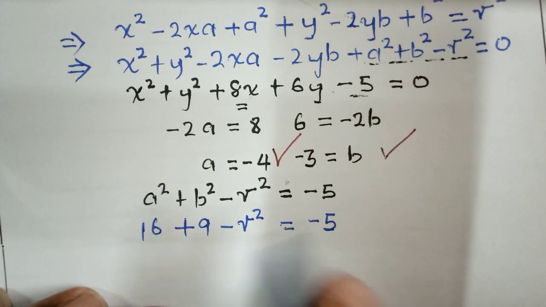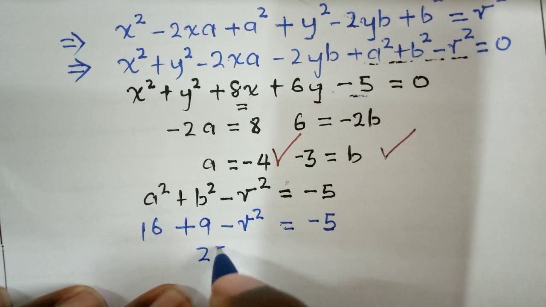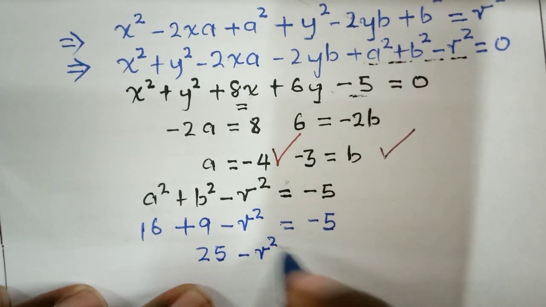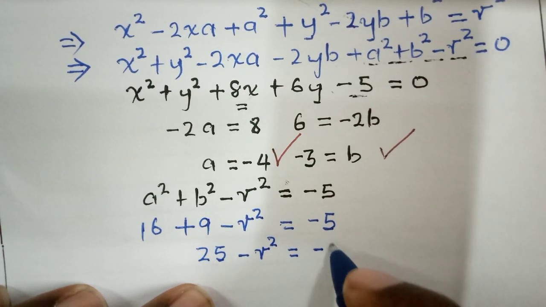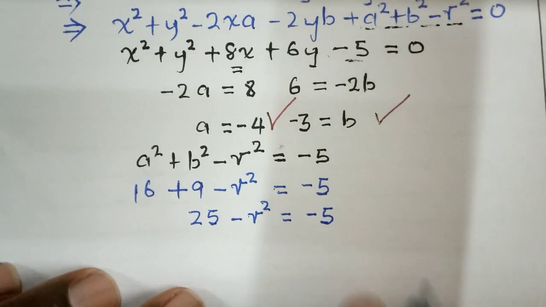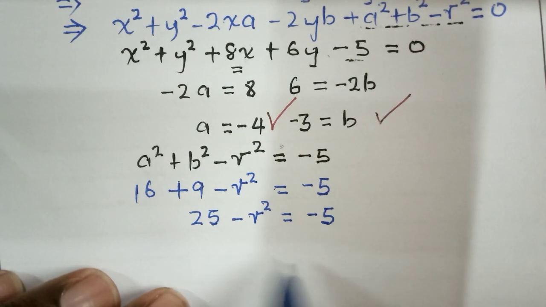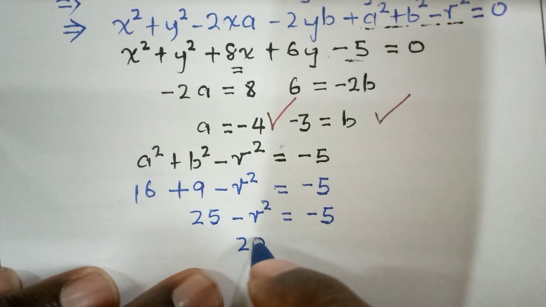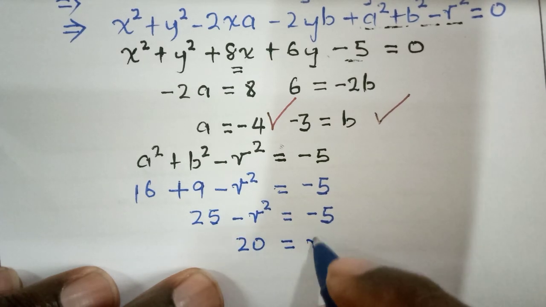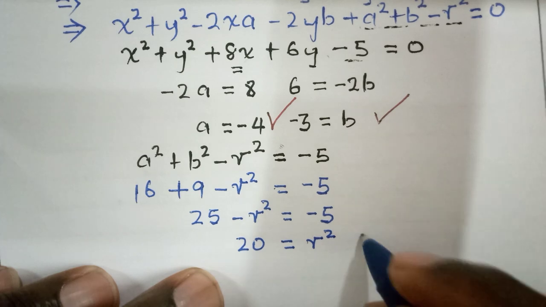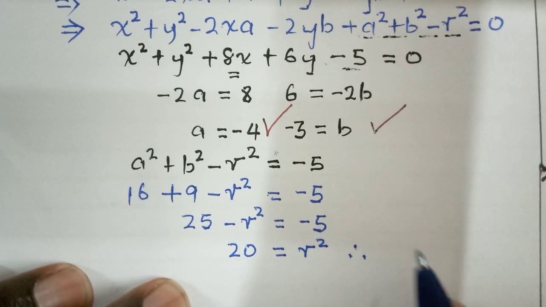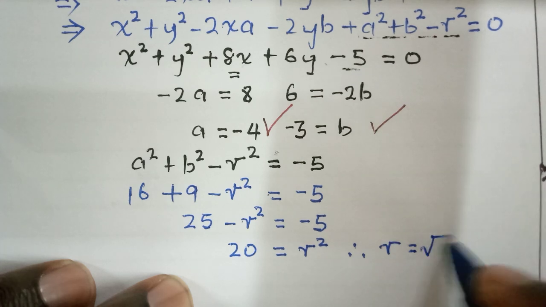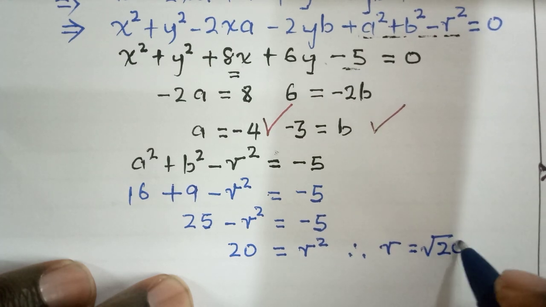When we add, we have 25 minus r squared equals negative 5. We bring r this side and negative 5 this side, so we have 20 equals r squared. Therefore, r will be equal to root 20.